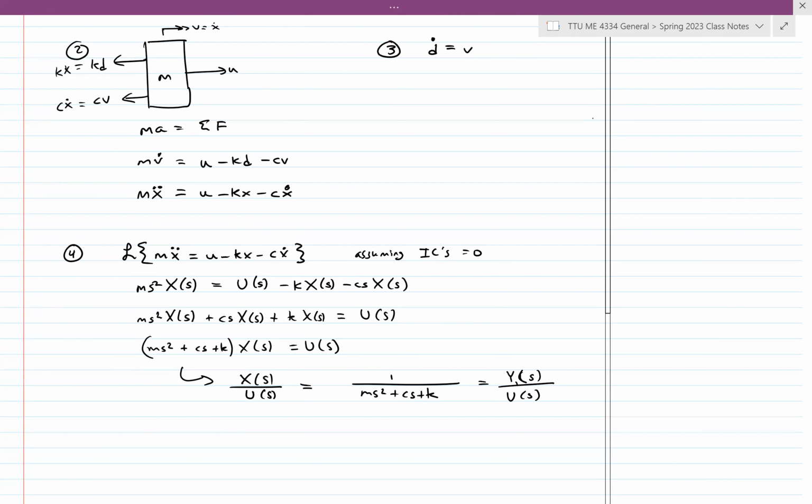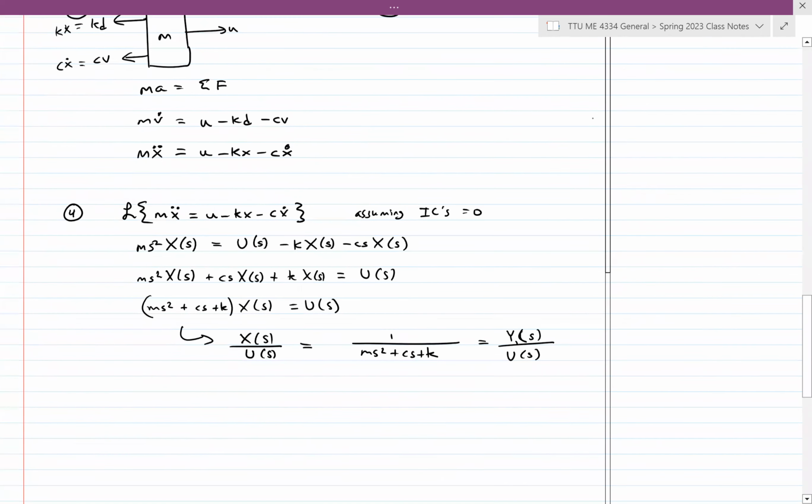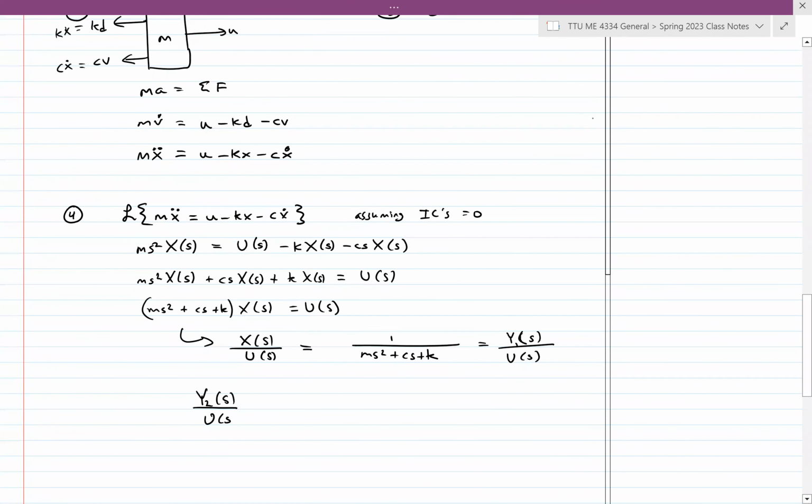But what if the transfer function we were looking for was an x dot, like with Y2? What would you do in that case? How do you get Y2 of S over U of S? Y2 is the derivative of Y1. So what is Y2 equal to?